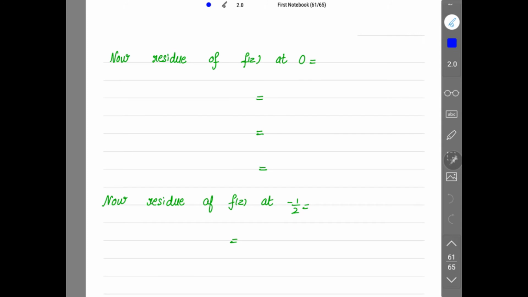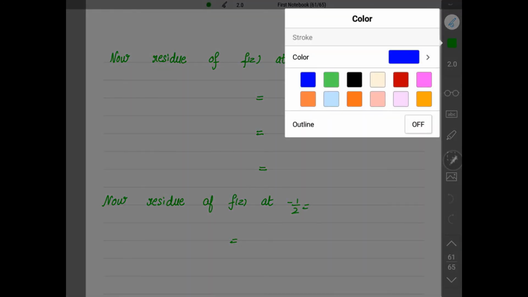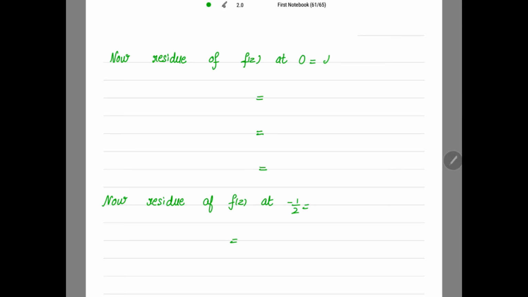Now the residue of f(z) at 0. What is the formula for that? Limit z tends to 0, (z minus 0) f(z). So this is equal to limit z tends to 0, z times, what is your f(z)?